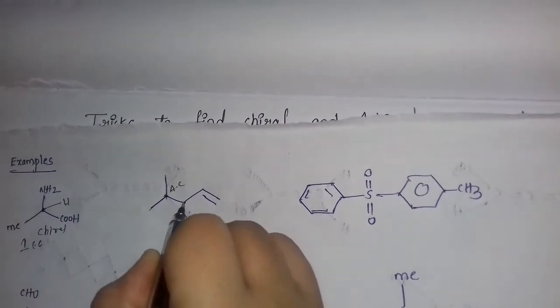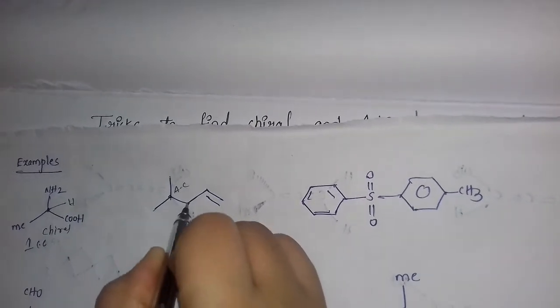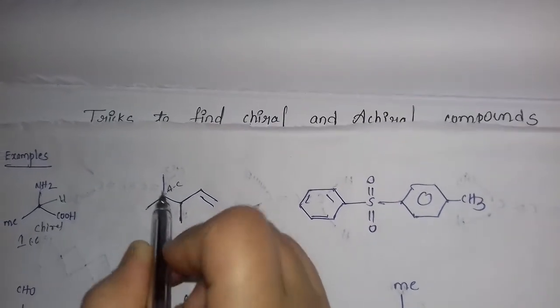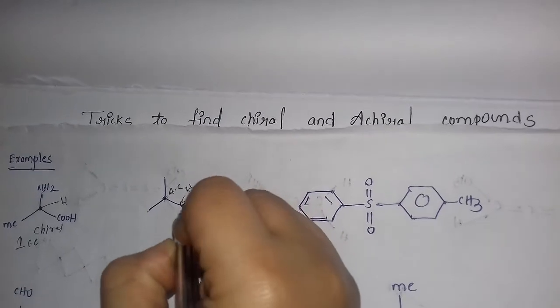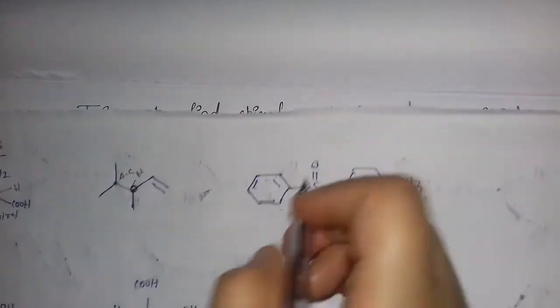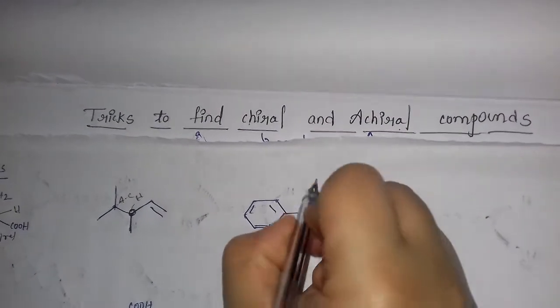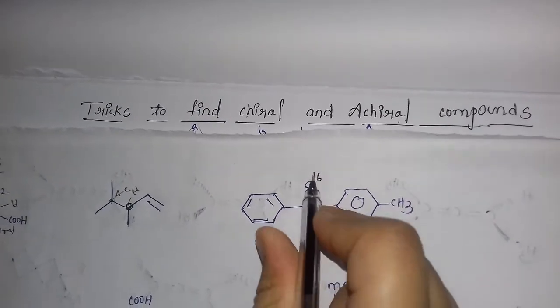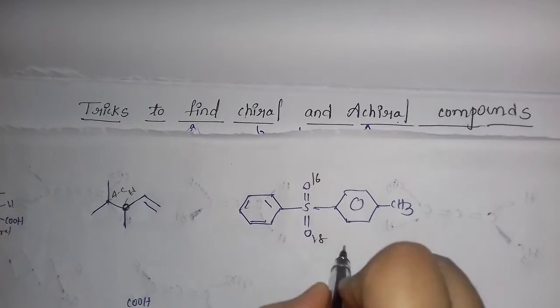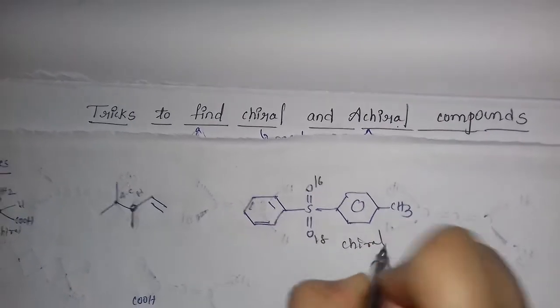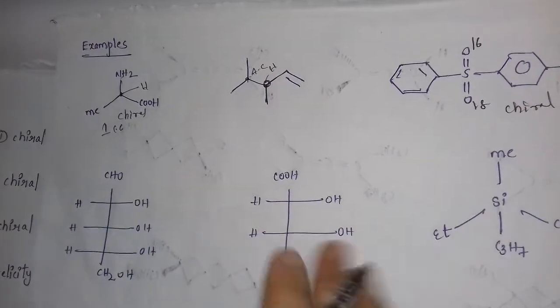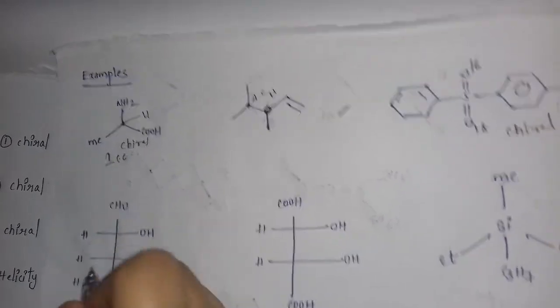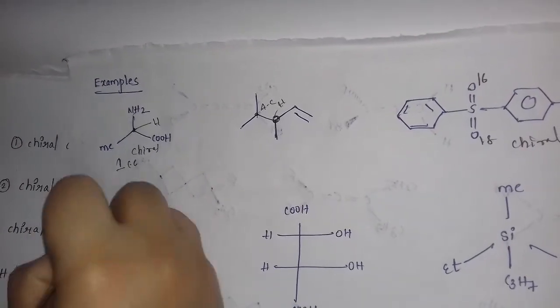But here there is an allyl group, methyl, and isopropyl, and hydrogen, so it is chiral. Now here it looks achiral, but if we change its isotopes to 16 and 18, it becomes chiral.